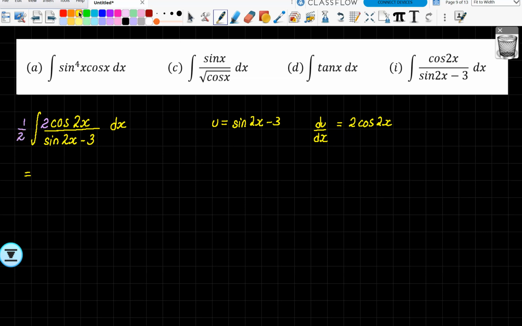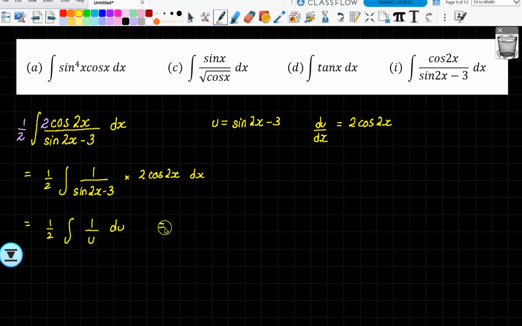Now I'm going to just separate that again so you can see. So we've got the half there. We've got 1 over sine 2x take 3, and then we're multiplying by 2 cos 2x, which just happens to be du by dx. Okay, so now what I'm actually integrating is 1/2 1 over my u with respect to u.